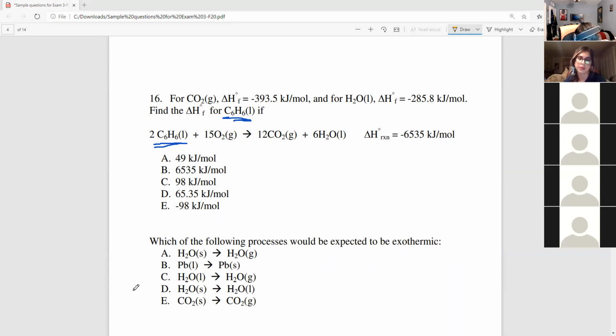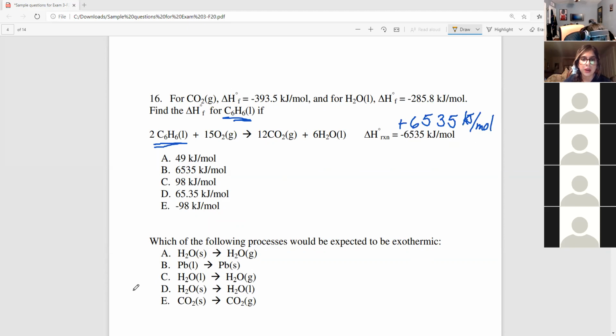You have to change the sign, from negative to positive. Exactly. So this is going to become positive 6,535 kilojoules. All right.